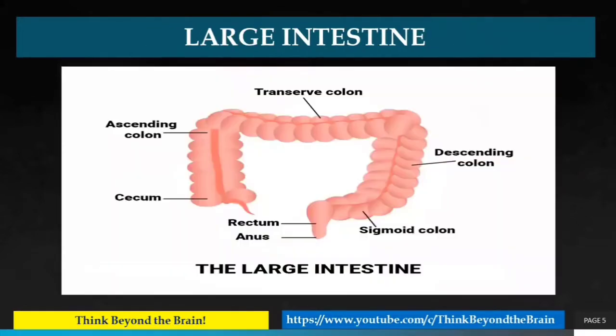Now, large intestine. What does the large intestine do? The food is all digested in the small intestine. Whatever is left goes into the large intestine, which makes it dry.